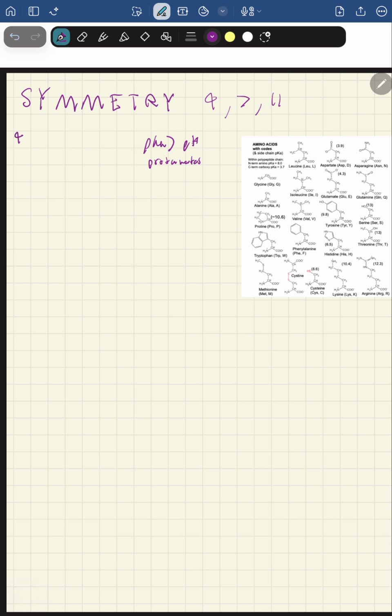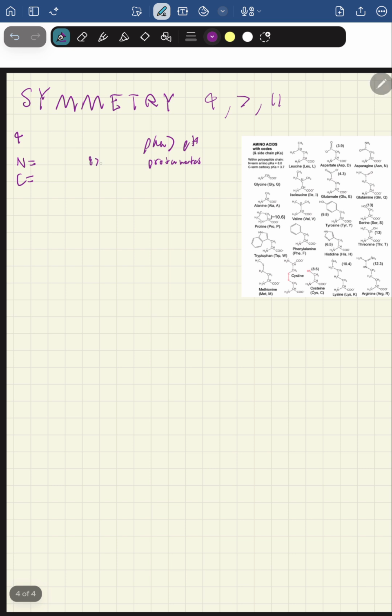Actually, no. That's the wrong way of teaching it. Before you do the letters, first do the termini. The N terminus is the beginning terminus, and the C terminus is the end. So if we look on this little sheet I put up here, the N terminus pKa is 8, and it's bigger than the pH 4.